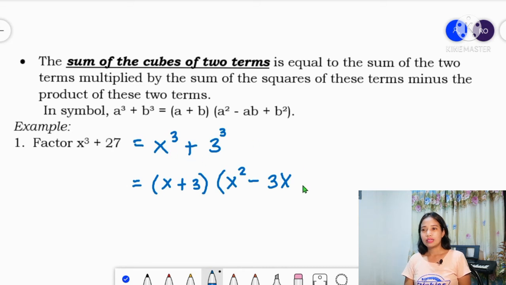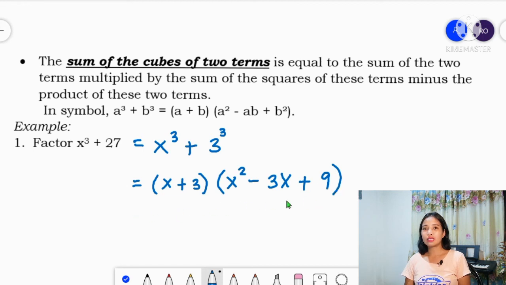Okay, then next is the last term of the second factor. We copy first the plus sign. Okay, so ang nandito ay b squared. So, ang ibig sabihin nito, we have to get the square of the second term. Okay, so ang square ng 3, so that is 3 times 3 is 9.